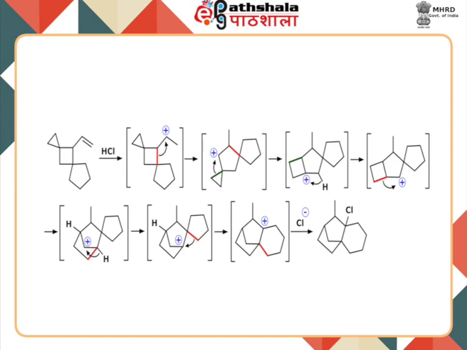Now one more rearrangement happens where we get this carbocation, and from the nearby 5-membered ring, these electrons of the red bond shown will be moving here, and again an alkyl shift, where now the 5-membered ring is going into a 6-membered ring. Eventually this will be attacked by Cl minus at this position, and we get this product where, if you compare, the starting molecule was highly strained, but now it is a combination of 5 and 6-membered rings.